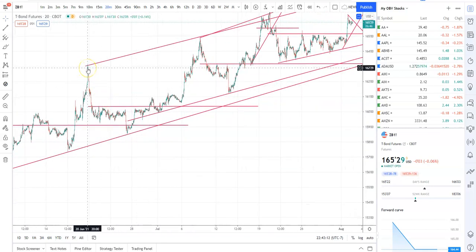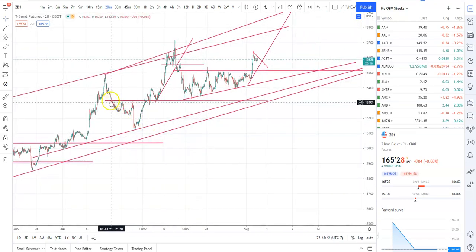Similarly, we spiked here June 20th on the overnights, pulled all the way back, consolidated, and then finally, we did break up here on the 30th at 9 in the morning, then broke back down, but then we broke back up and showed a consistent break above this line of overhead resistance, and then we got, once again, this big nice spike to the upside over the next couple of days.